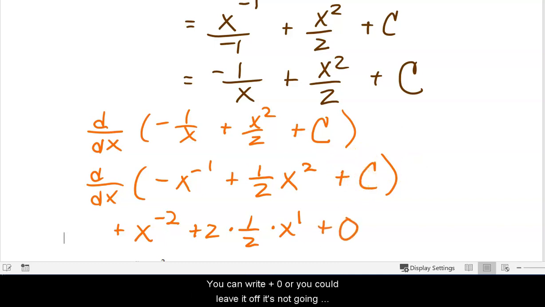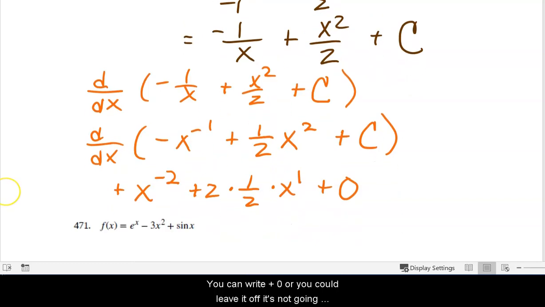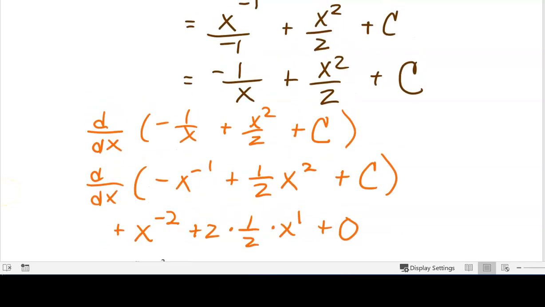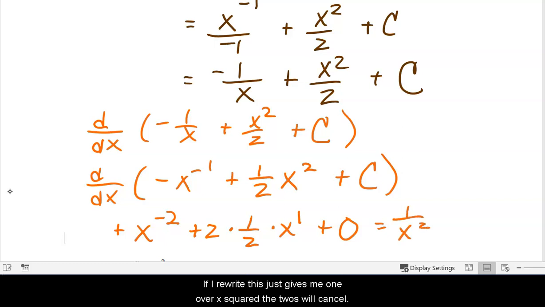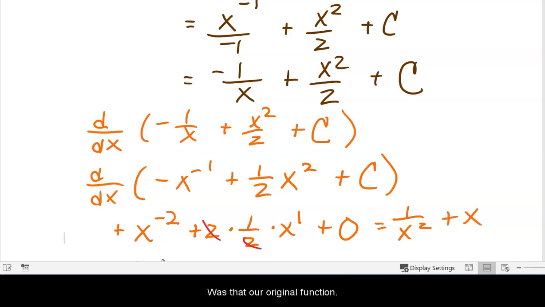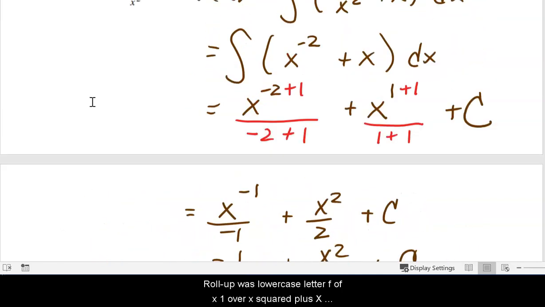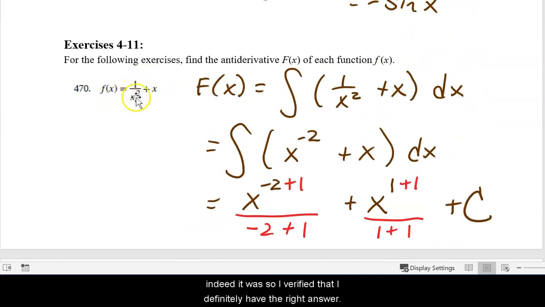You can write plus 0, or you could leave it off. It's not going to make any difference. If I rewrite this, this gives me 1 over x squared. The 2's will cancel, and I get plus x. Was that our original function? If we scroll up, was lowercase letter f of x 1 over x squared plus x? Indeed it was, so I've verified that I definitely have the right answer.